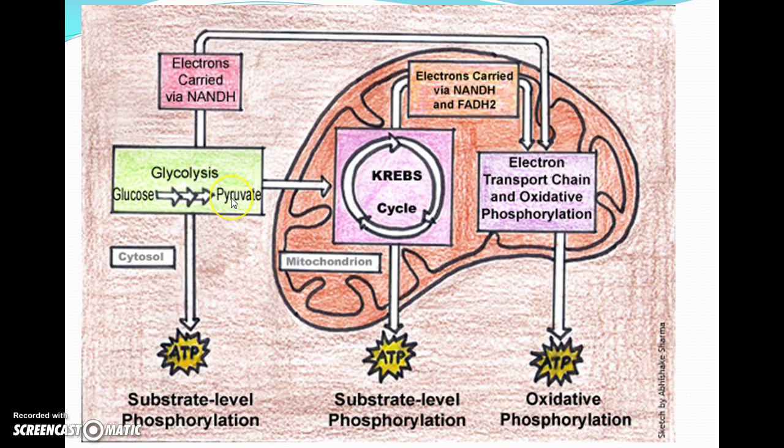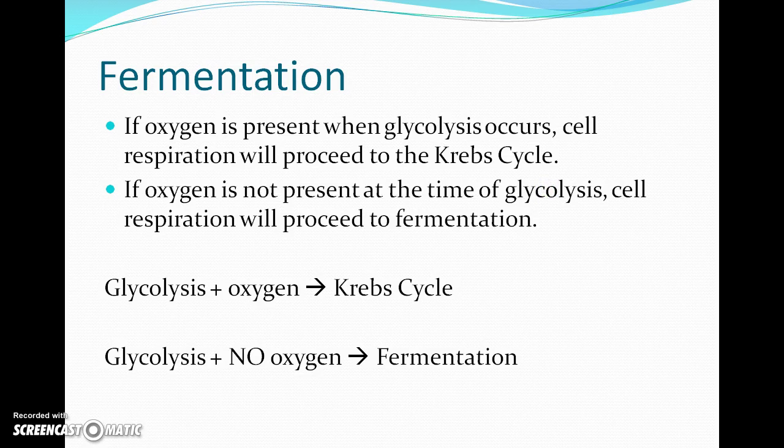The broken down pyruvic acid, also called pyruvate, moves on to the Krebs cycle, which happens in the mitochondria. The Krebs cycle puts out a little bit of ATP. It also puts out that carbon dioxide. It also fills up more electron carriers. All of these electrons and electron carriers go to the electron transport chain. That electron transport chain makes all of those ATP. We're going to go into fermentation in our next video.